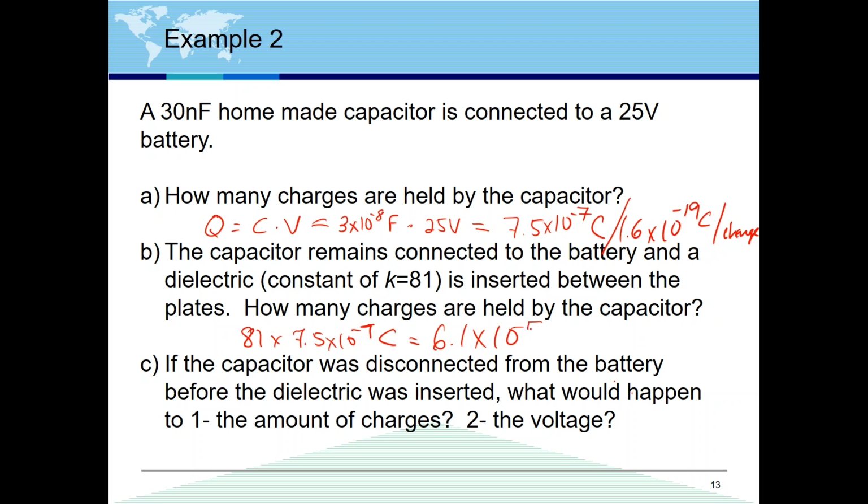It's not the number of charges. I just gave you the charge. You can do the next part, I think. The number of charges, you can do that on your own.